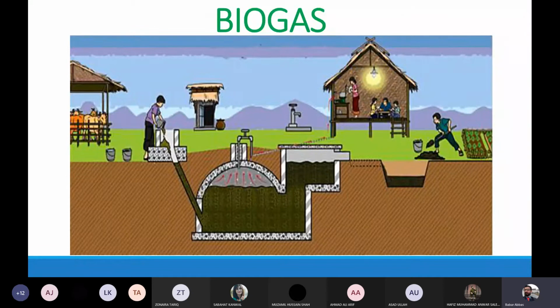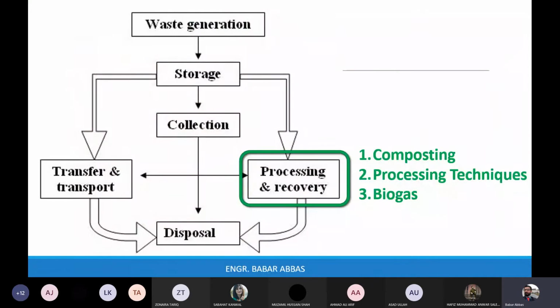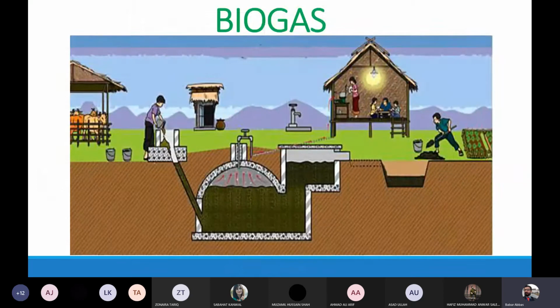It's a very basic setup which converts the solid waste into biogas. You must be familiar with the two processes: most of the time the composting process is an aerobic process. We need to maintain the oxygen level in the composting process, while the biogas process is an anaerobic process.